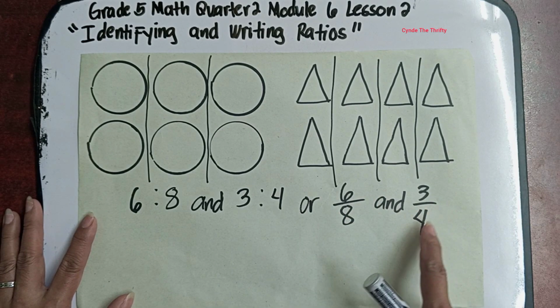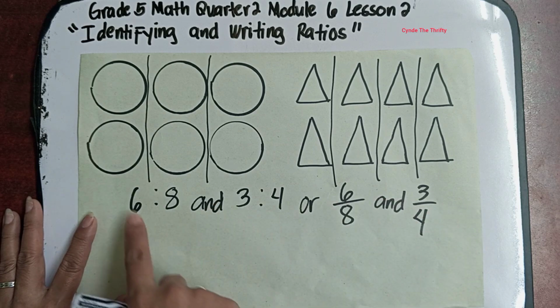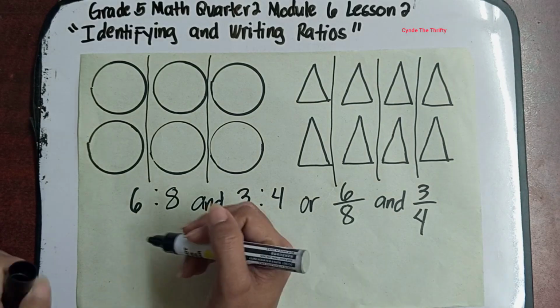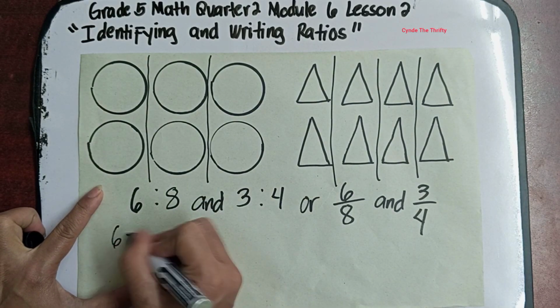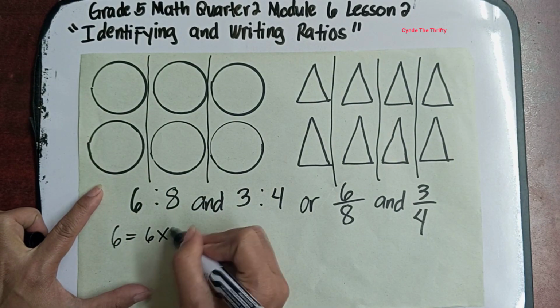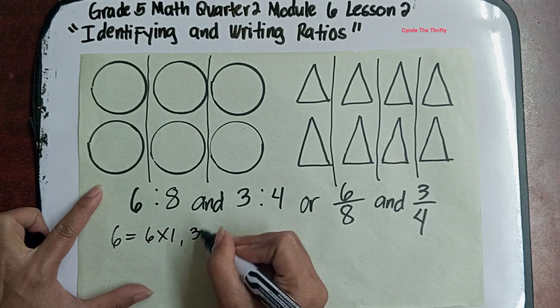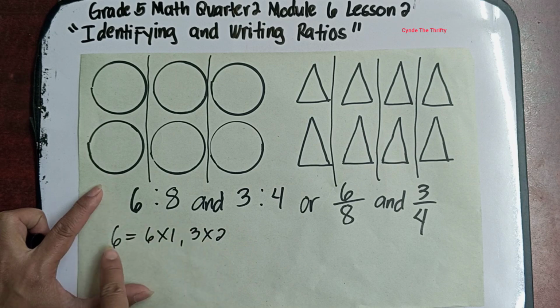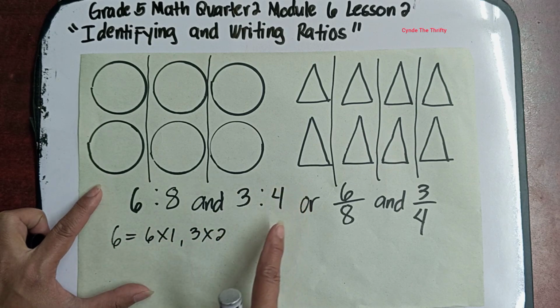Bakit siya naging 3/4? Okay, so i-explain ko lang sa inyo na ang GCF ni 6 at ni 8. So kapag kinuha mo ang factors ni 6, 6 times 1 and 3 times 2. Ito yung mga number na kapag i-multiply mo is mag-result into 6. So, ito lang yung mga number na pwede nating i-multiply na ang sagot is 6.